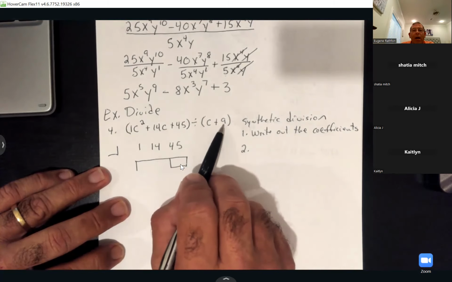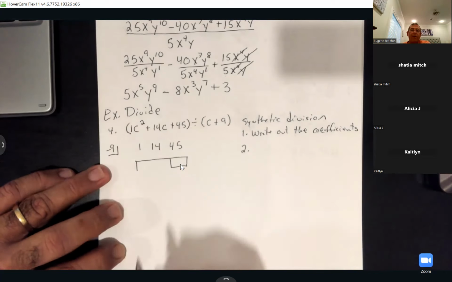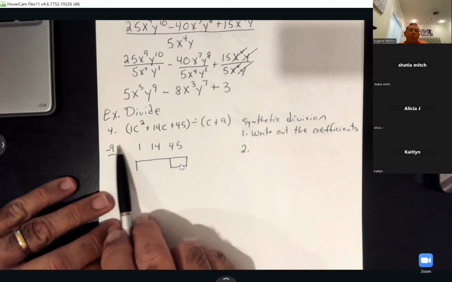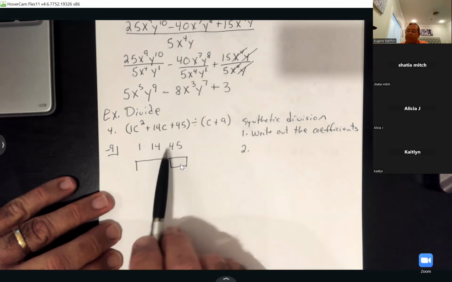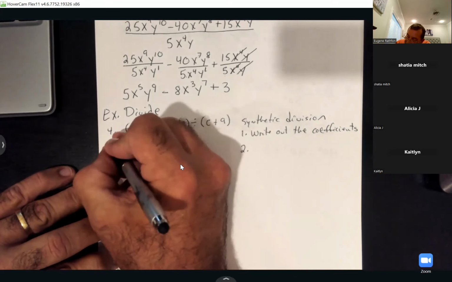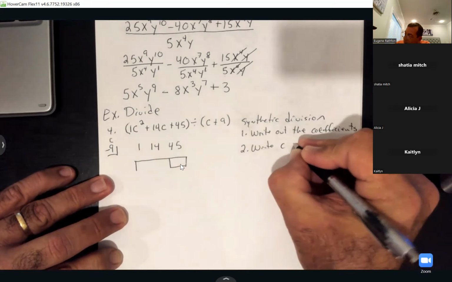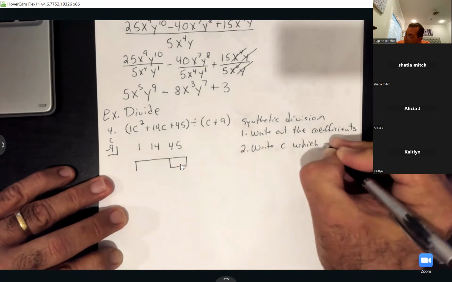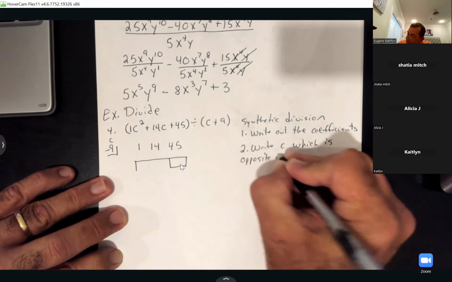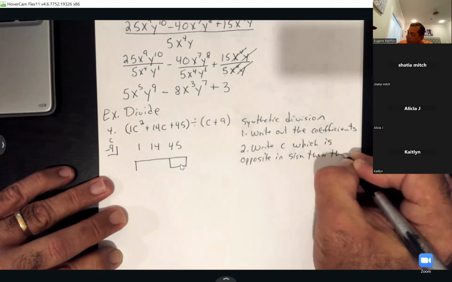So since this is a positive 9, our C will be a negative 9. Remember, this is basically what we're going to be using as we go through our process. So write C, which is opposite in sign than the factor.